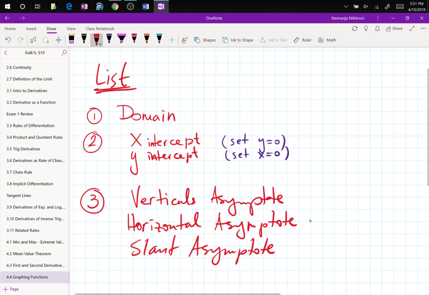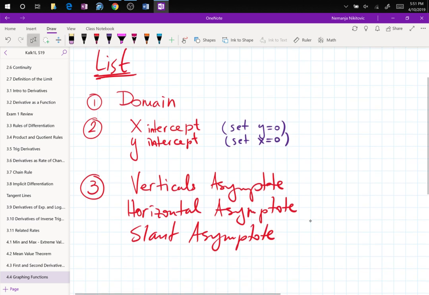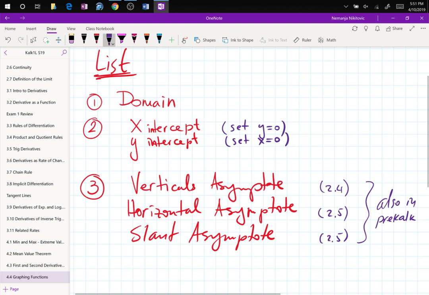Now, these are pre-calculus concepts, but we did learn how to deal with this in the limit chapter, chapter 2. This was your 2.4 section, and both of these were in 2.5. And they were also in pre-calc.